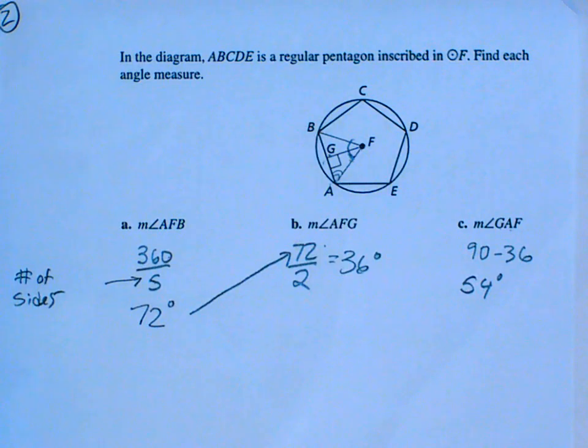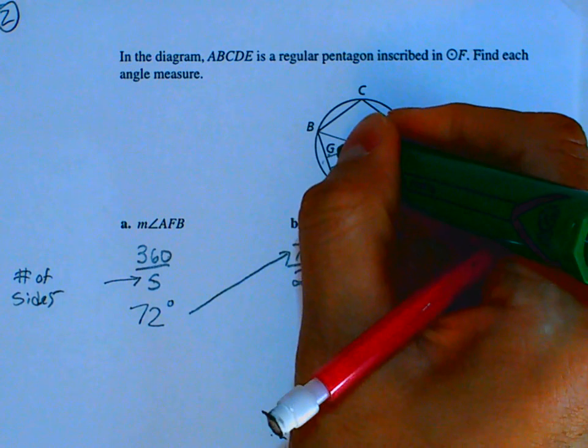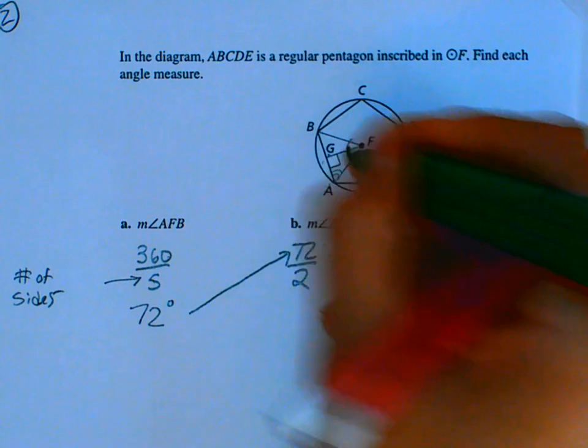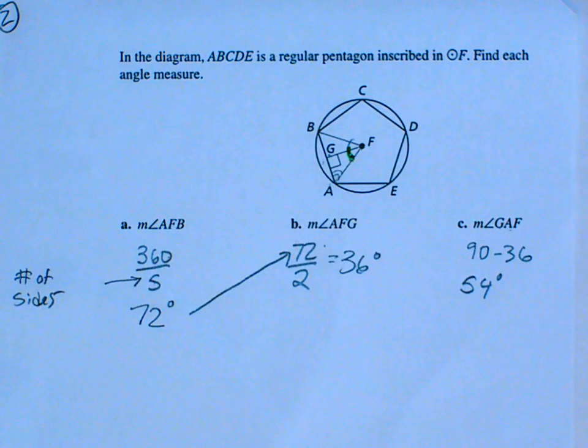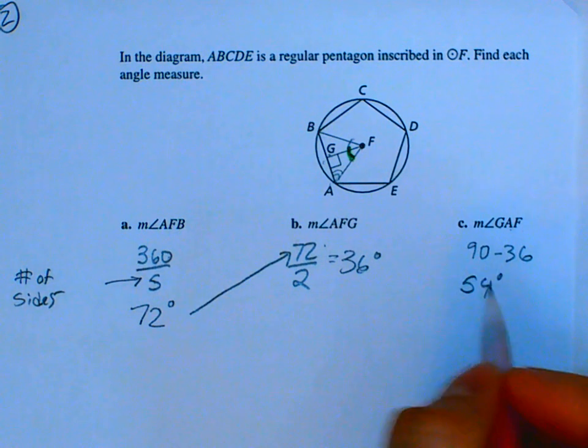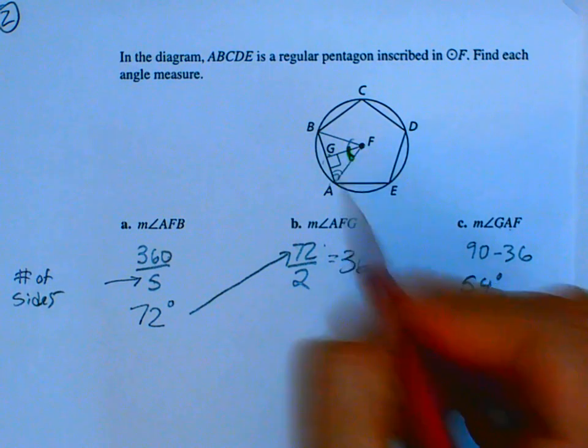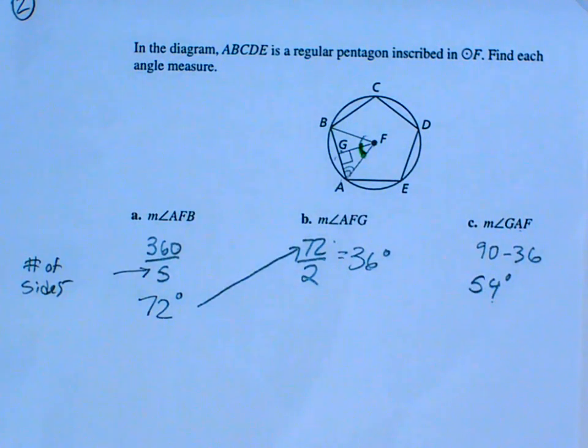Let me use a highlighter to show which one I'm talking about. This little one right there. And then once you know that angle, subtract it from 90 to get 54. It's important for you to be able to work your way around a problem and finding angles. Sometimes you're not going to need all the angles, but sometimes you do.